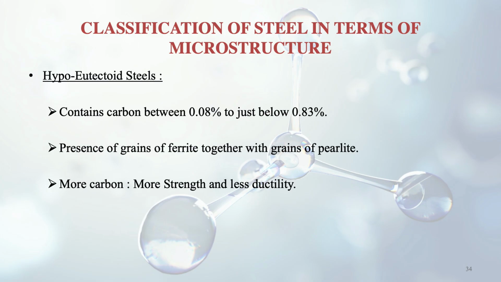So due to this movement towards the left side of 0.83% carbon, ferrite is also there in the microstructure in addition to the perlite. That means we have cementite plus ferrite. And more carbon means more strength and less ductility, and less carbon means less strength and more ductility.